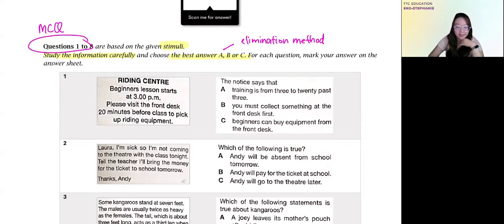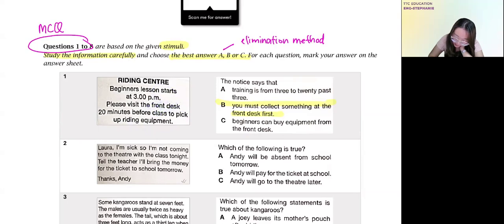C? Okay, let's see. The answer is actually B. But why is this? I would not look at A since you all chose between B and C. Let's see why C will not be the answer. Beginners can buy equipment from the front desk. They did not mention that only beginners buy.